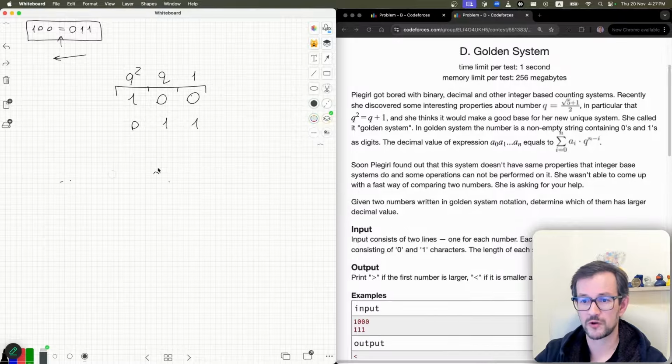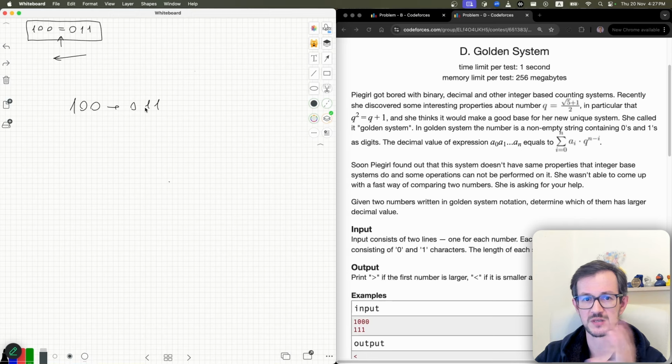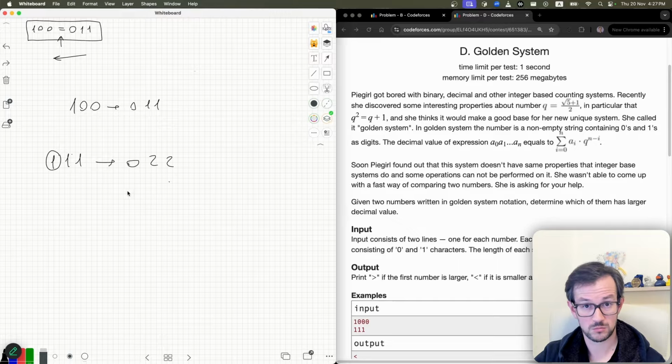If you move digits to the right, what will happen? If you move from 1, 0, 0 to 0, 1, 1, and apply this operation many times, then what will happen? If you have 1, 1, 1, you can apply this operation, so this 1 will move here, and you have 0, 2, 2. Surprisingly.